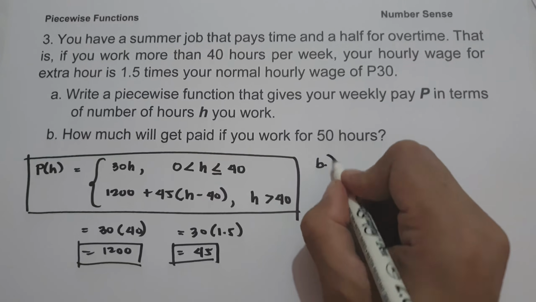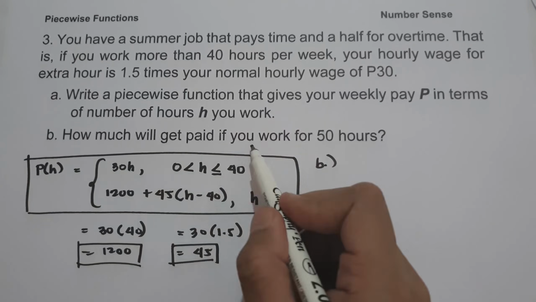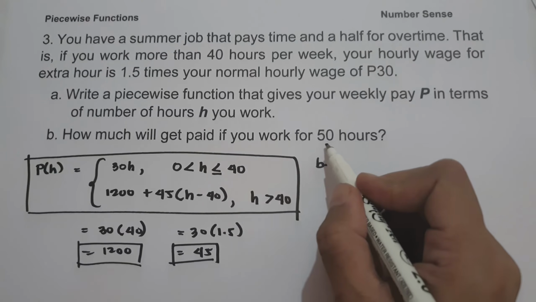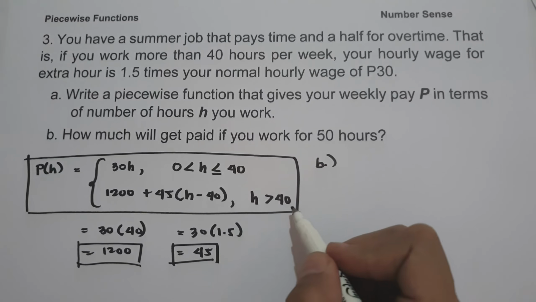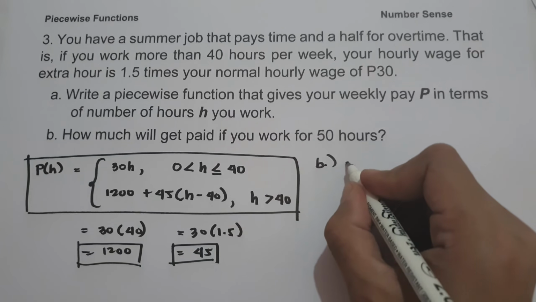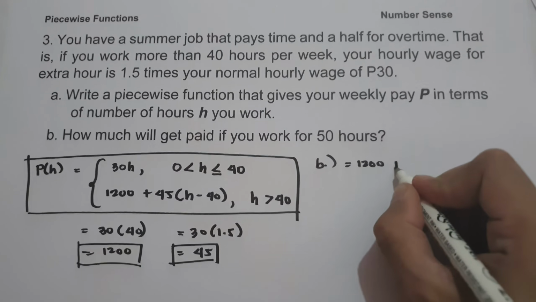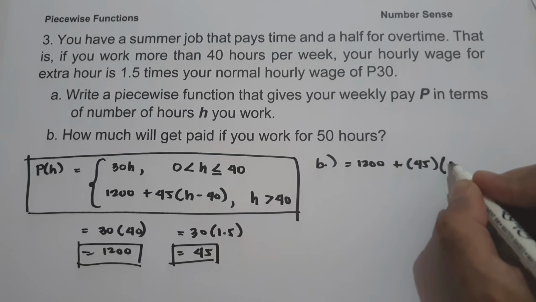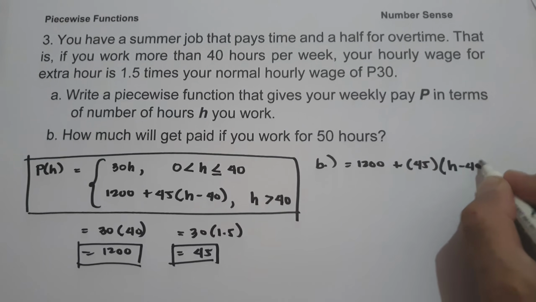And for letter B, how much will you get if you work 50 hours? Since the number of hours is 50, that is H greater than 40, we are going to use this one. Let us have 1,200 plus 45 multiplied by the quantity H minus 40.